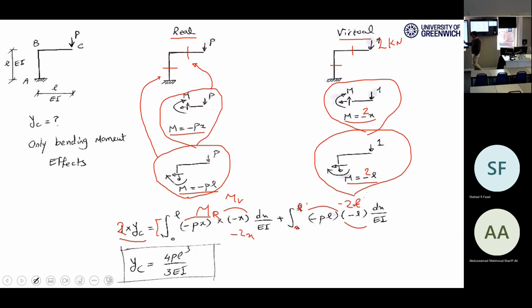It means that these will be doubled and this is doubled, so the 2 goes out from the 2 sides of the equation and you still get the same answer. That's why it doesn't matter what you put as loading for your virtual structure. You can put 1, 2, 3, 10, 20, whatever you want. We usually put 1 because it's simple.